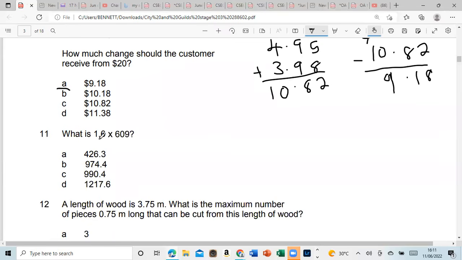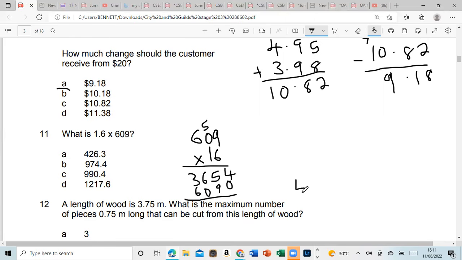What is 1.6 times 0.9? So let's multiply 16 by 9. Ignore the decimal point for now. 6 times 9 is 54. 6 times 1 is 6, plus that 5, 600 plus.